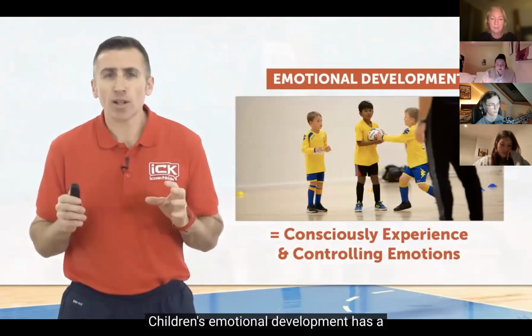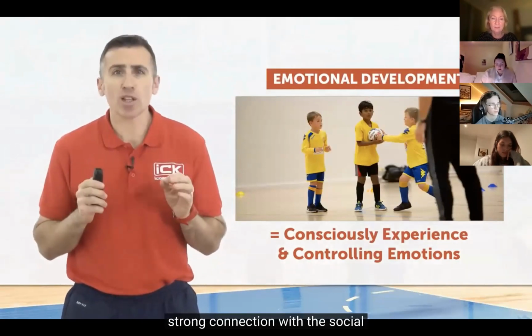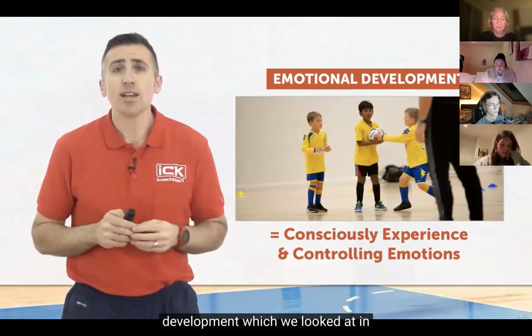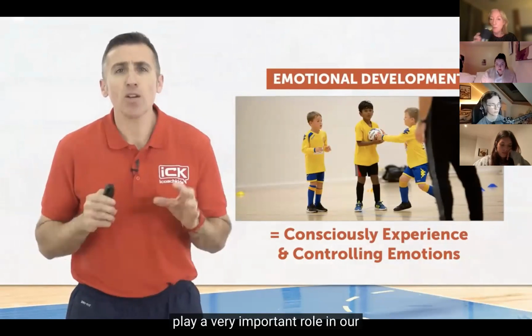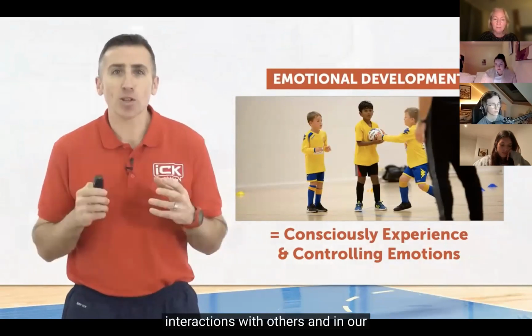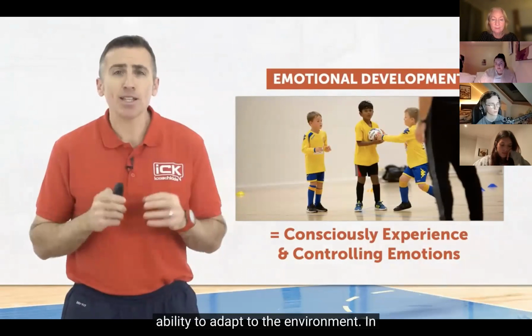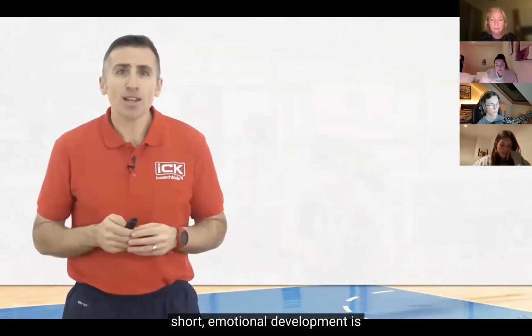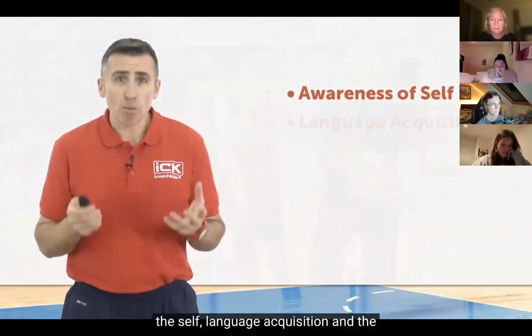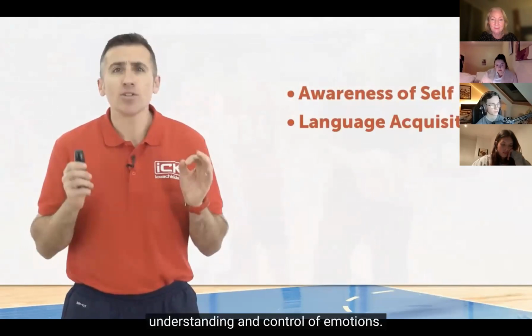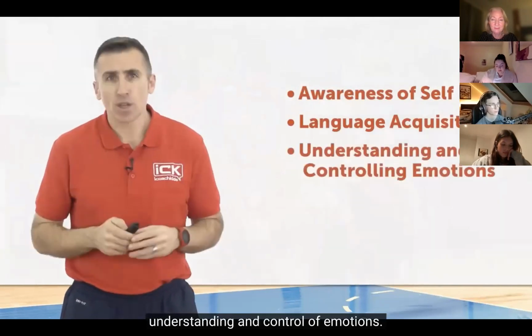Children's emotional development has a strong connection with their social development, which we looked at in section 3.1. This is because emotions play a very important role in our interactions with others and in our ability to adapt to the environment. In short, emotional development is characterized by a growing awareness of the self, language acquisition, and the understanding and control of emotions.